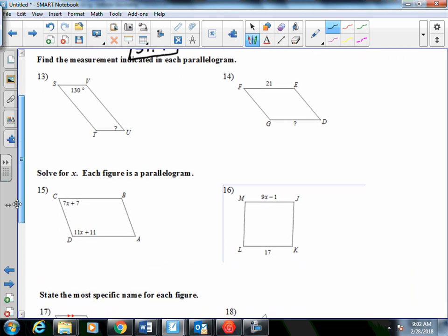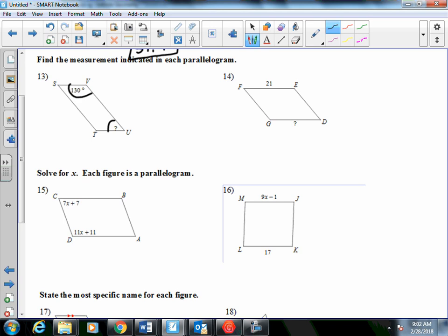All right, 13 and 14, find the measurement indicated in each parallelogram. All right, so parallelograms, we know opposite sides are going to be the same, and the angles, two consecutive angles, are going to equal 180 degrees, and opposite angles will be the same on a parallelogram, which might be hard to tell, but this 130 degrees is going with angle V there.